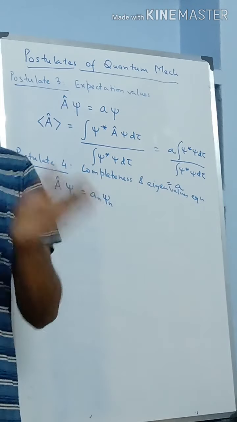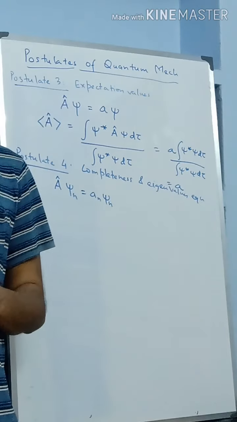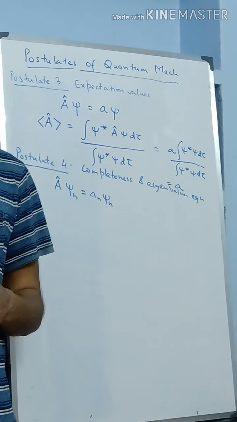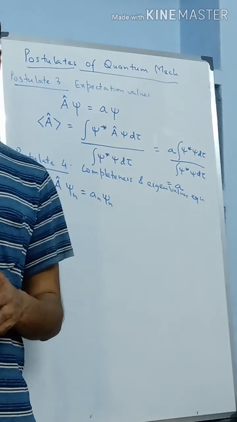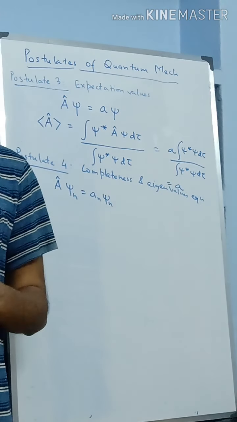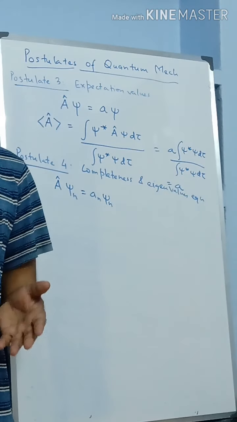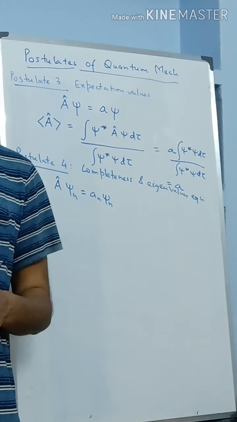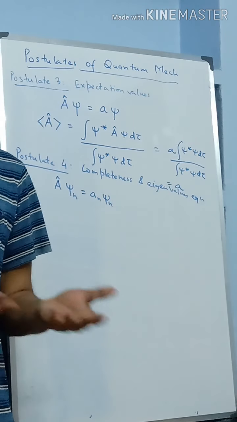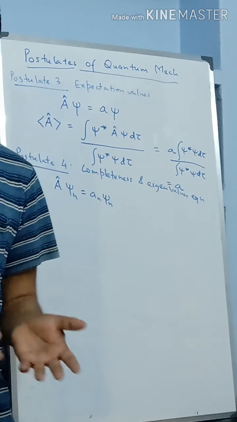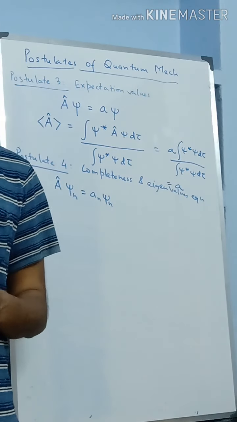So those n matrices, which were called the basis vectors, form a complete set. Complete set represents a particular fact, as we already studied in vector calculus, that any particular state can be represented as a linear combination of this complete set of basis vectors.